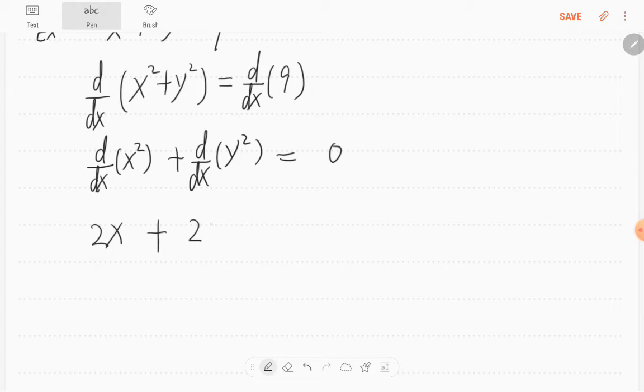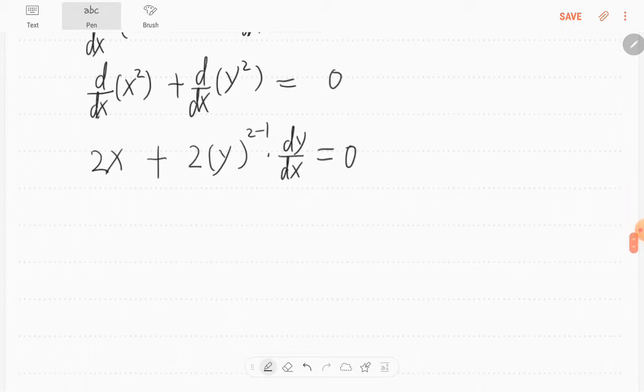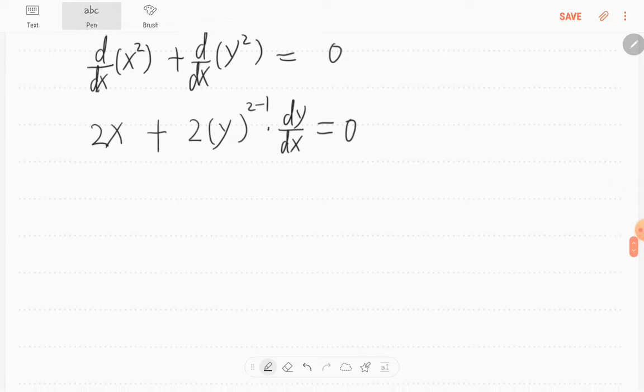So then you plug in the inside function is y of x, which is y. Then multiply by dy over dx. So this is actually some application. The implicit differentiation is an application of the chain rule, right?